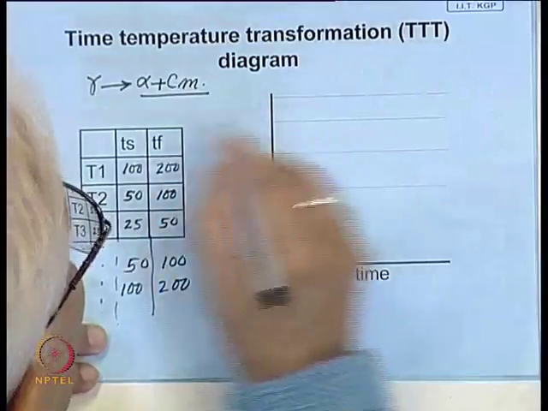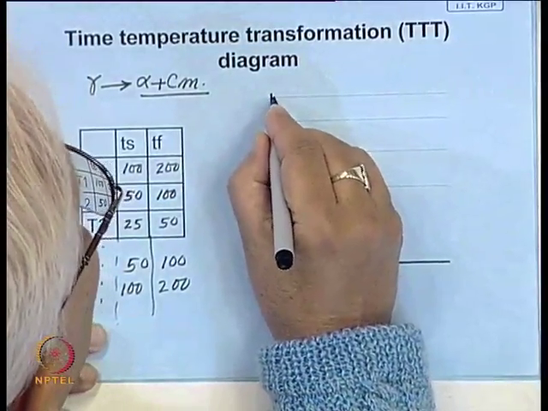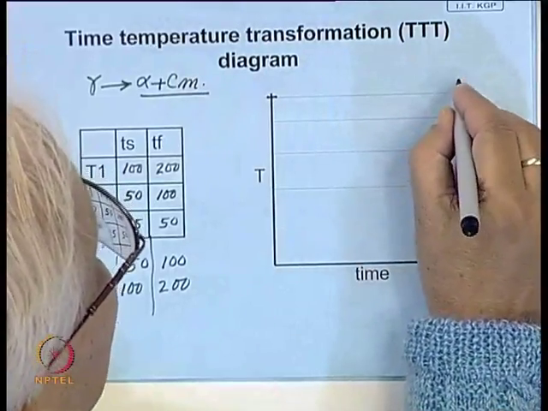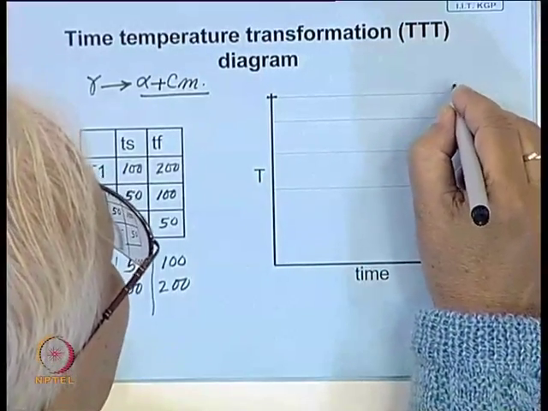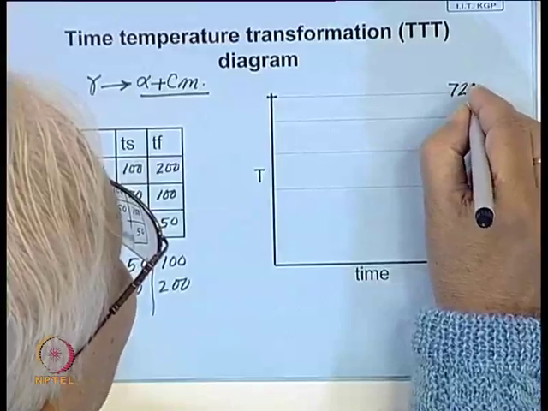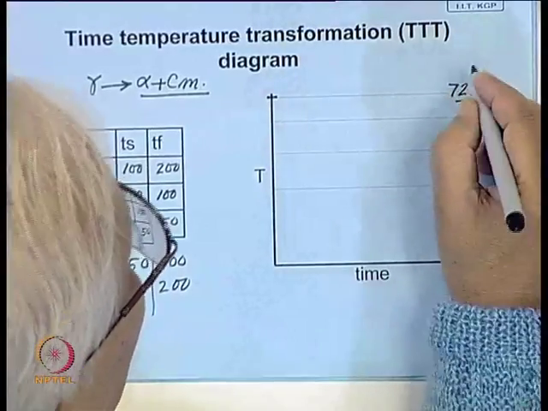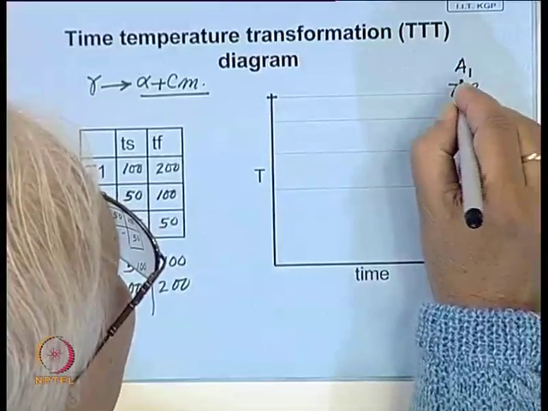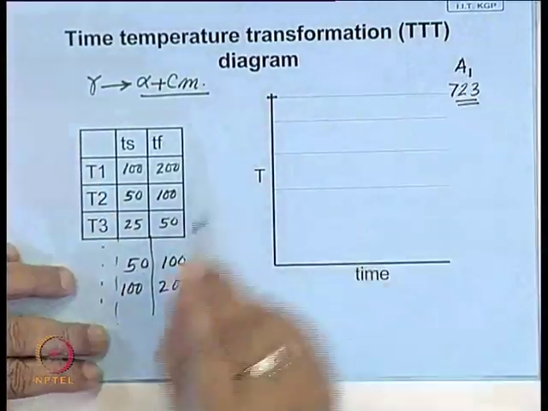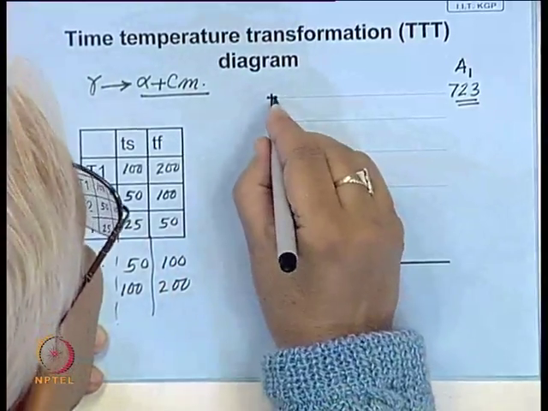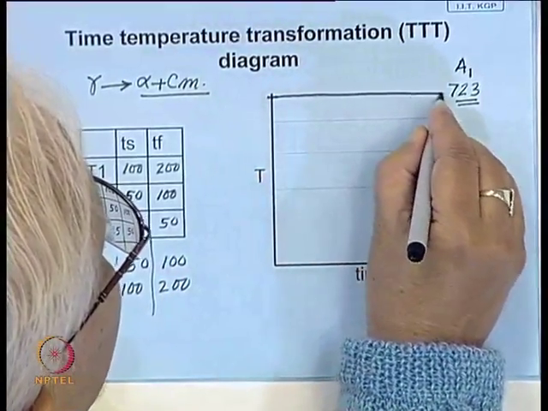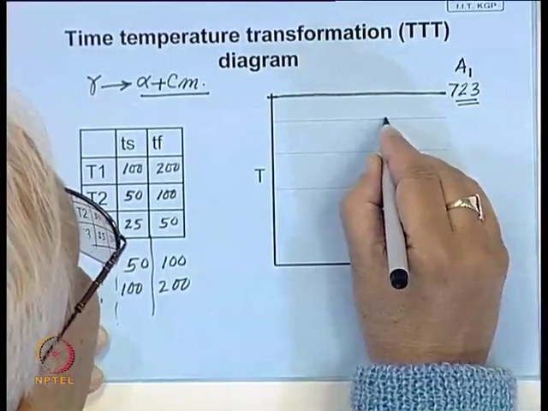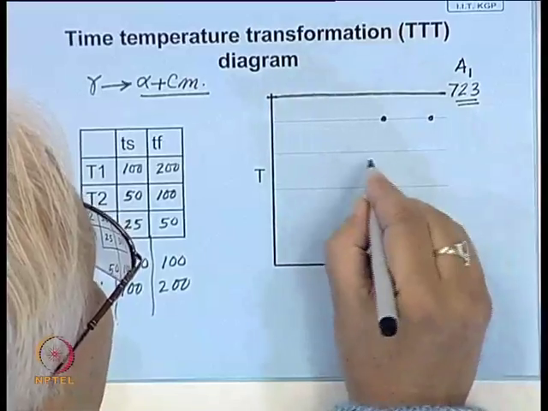Now, let us try and construct a diagram from this. Let us say this temperature is the eutectoid temperature, 723, and in the phase diagram this is also represented as a temperature called A1, the critical temperature A1. Now, at let us say 700, let us draw this start and this finish point.